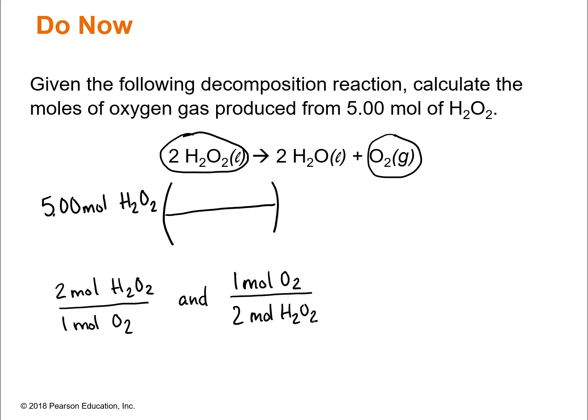We just take the coefficients that are in front of each compound that we're interested in in the chemical equation and write it as a fraction. Then you write the reciprocal.